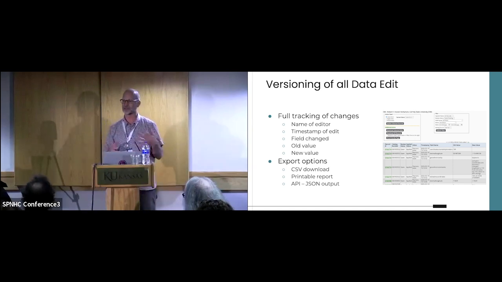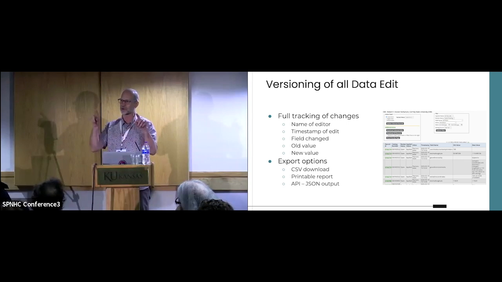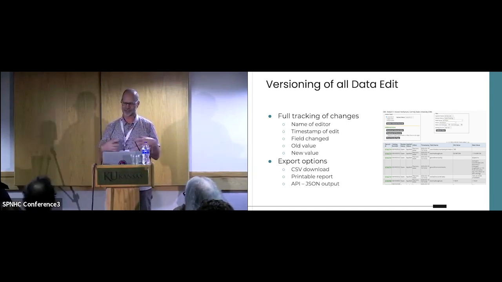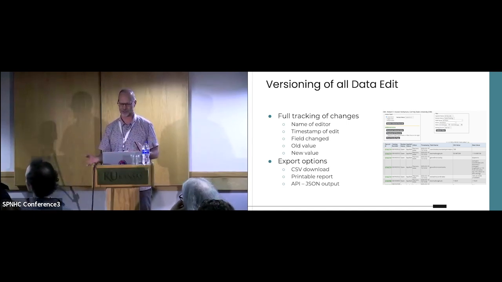However, the system does keep track of all the edits. So it keeps track of who made an edit when, what field was changed, the old value and the new value. So not only per record change, but per field change. And this data could be downloaded as a spreadsheet or a printable report, or it's also available with an API that's integrated into the system.